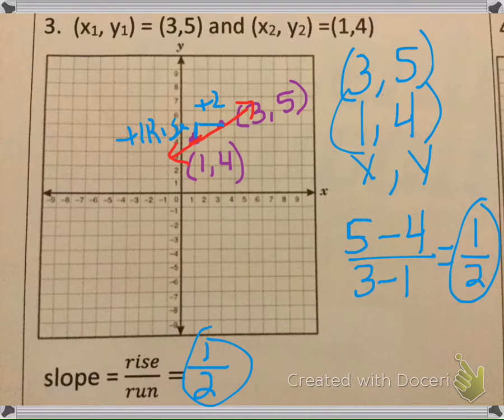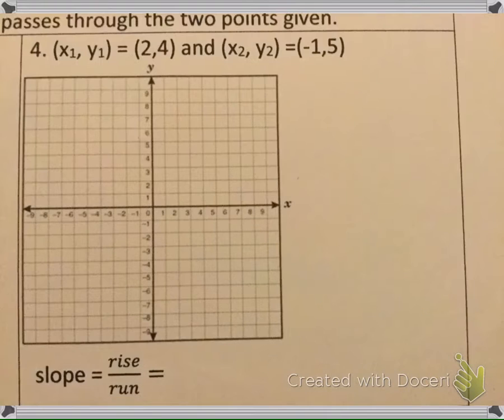Okay, next problem. Let's see, number 4. We have 2, 4. And negative 1, 5. Do you see what that's going to look like?